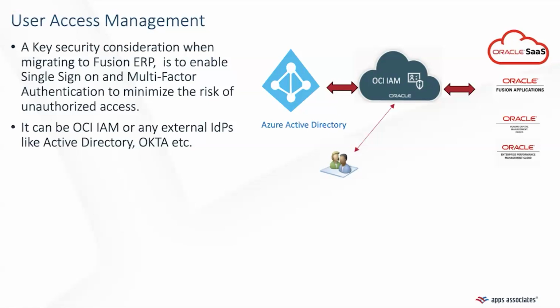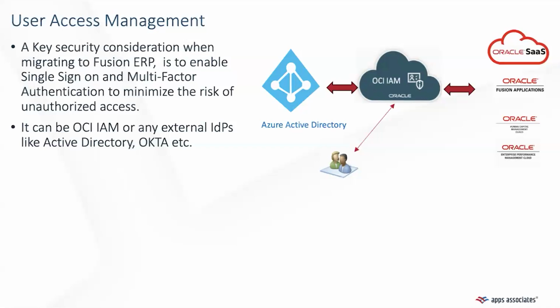There are different ways you can do that. If you have Oracle OCI, then you can use OCI IAM as your identity management solution to have that MFA. If not, if you already have an enterprise Active Directory, you can hook it up to your Azure AD also. Other IDPs like Okta are also supported.